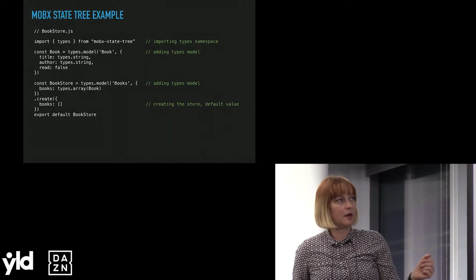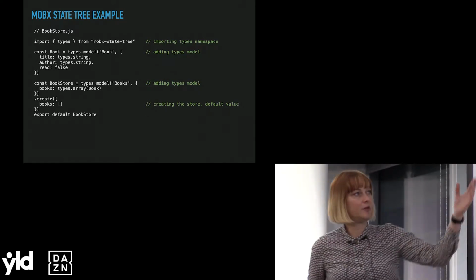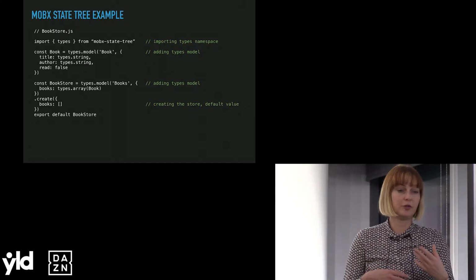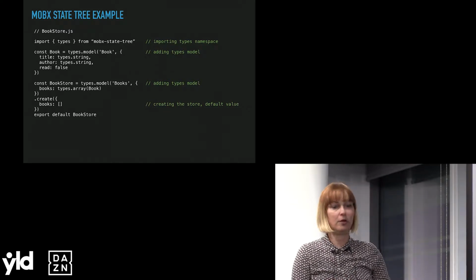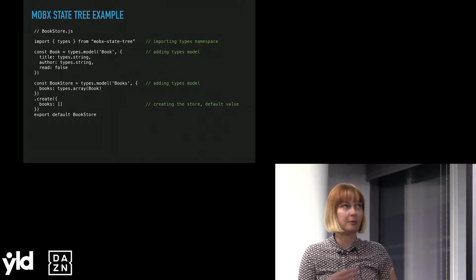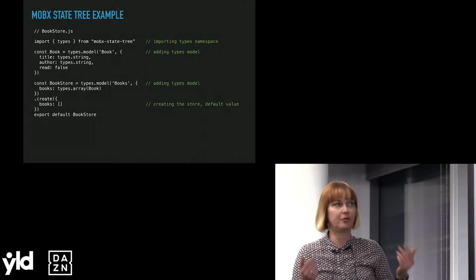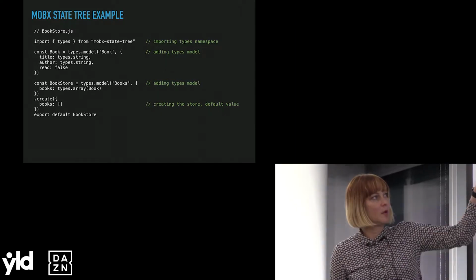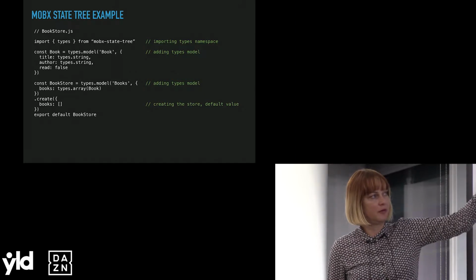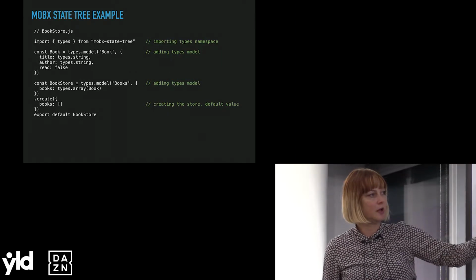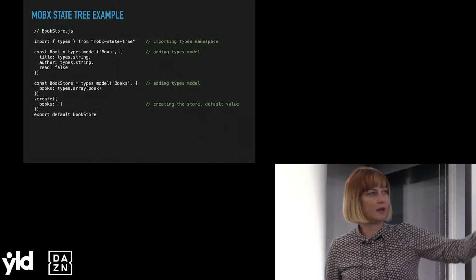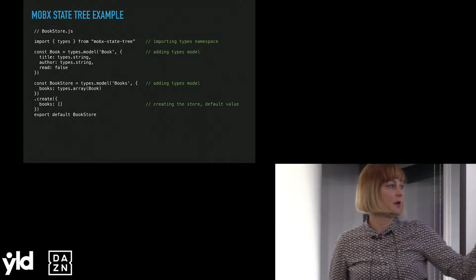Meaning that if we define the title to be a string, it would produce an error in runtime if it received a number, for example. So this is a very base structure. Then we create another variable, and again add the types model.